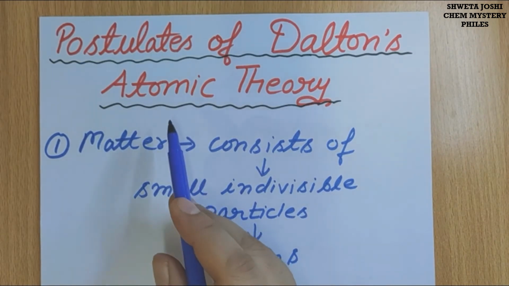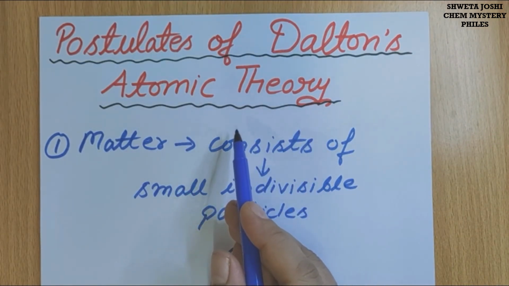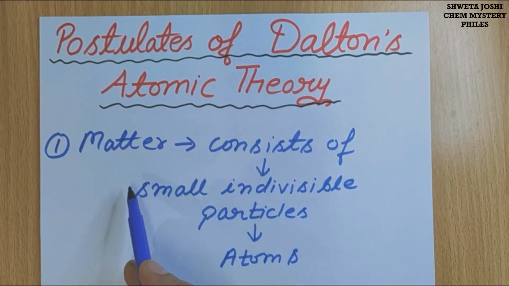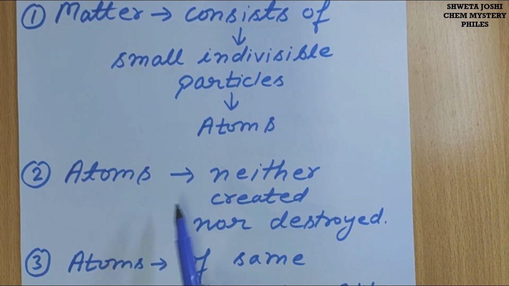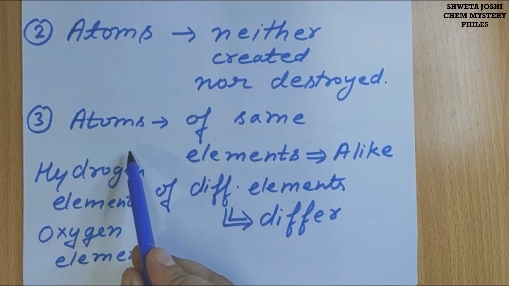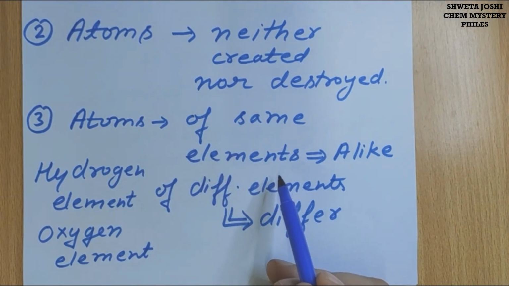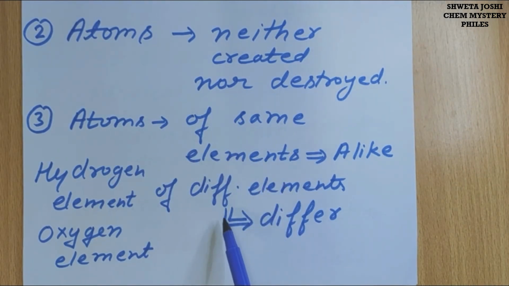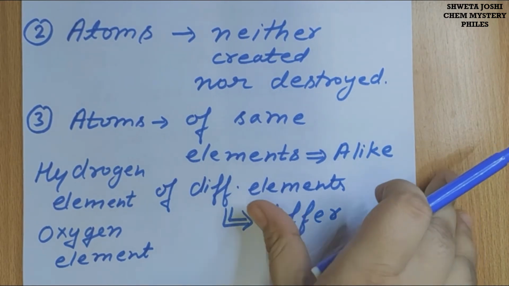So summarizing postulates of Dalton's atomic theory. First, matter consists of small indivisible particles which are called atoms. Second, atoms can neither be created nor destroyed. Third, atoms of same elements are alike in every aspect, but atoms of different elements differ in their properties.